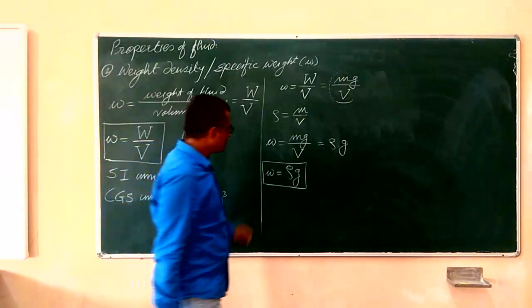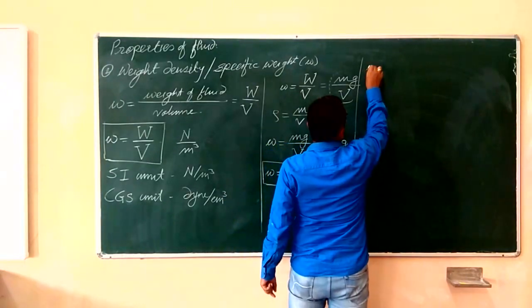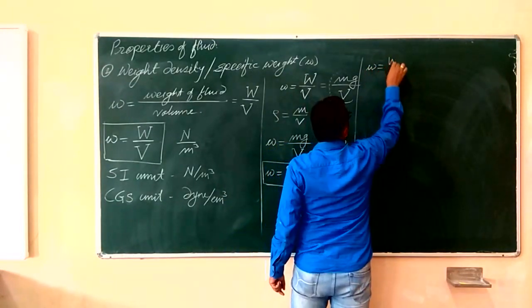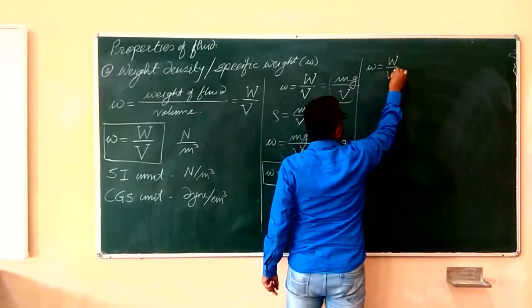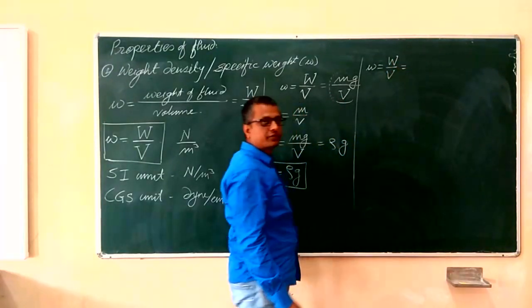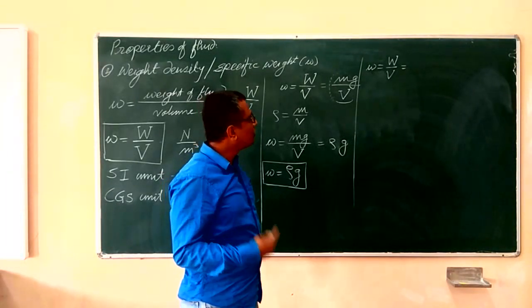Now let us see the dimensions of the specific weight. The specific weight will have the dimensions, and that also we can get from this formula, that is W divided by V, capital W divided by capital V, where capital W is the total weight of the fluid and capital V is the total volume of the fluid.